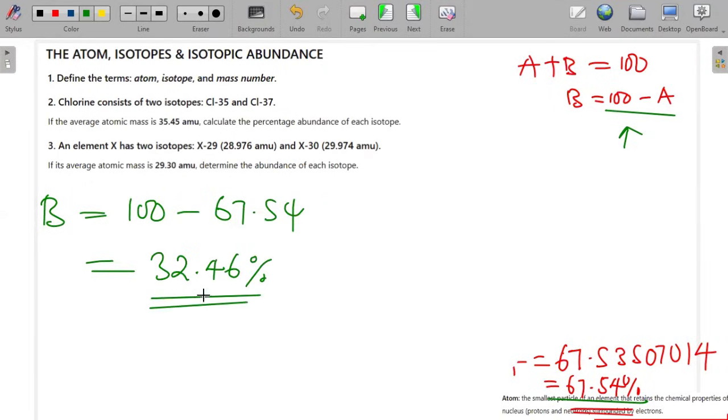So the abundance for the first isotope is 67.54%, and the abundance for the second one is 32.46%. All right, any questions there?